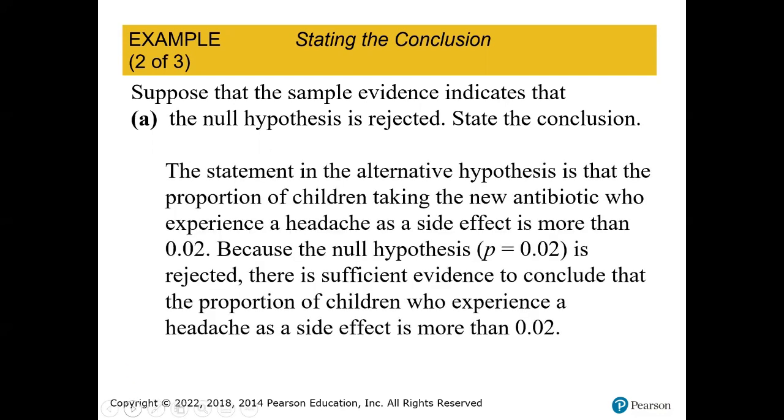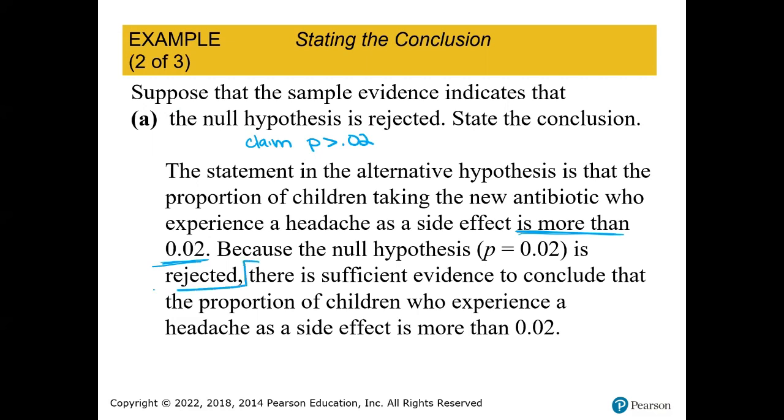Well, if we reject the null, the statement is then that the alternative is that the proportion of children taking the new antibiotic who experience a headache as a side effect is in fact more than 0.02. If we reject the null, we are able to claim P is greater than 0.02.